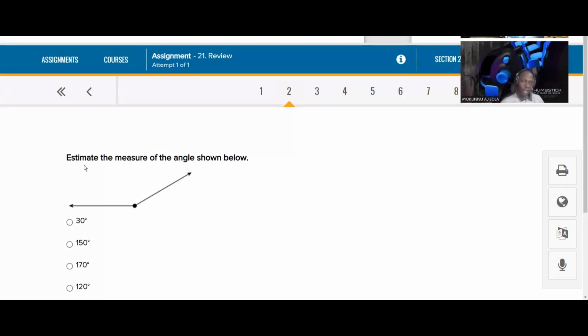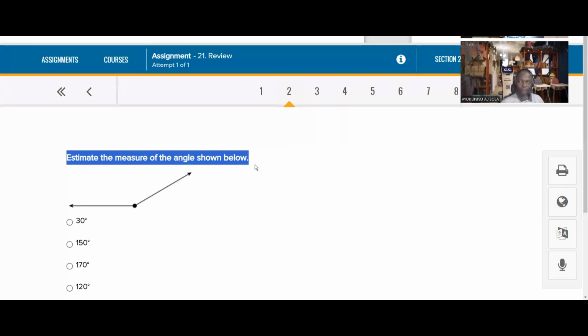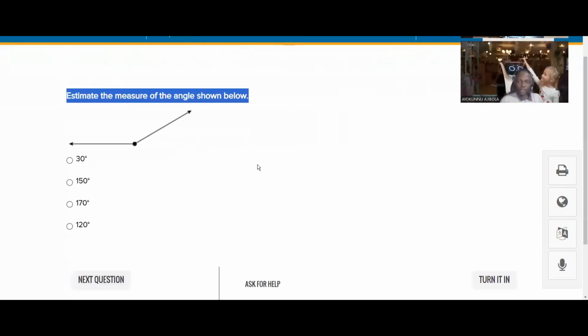Estimate the measure of this angle. Miggy, pick your option. Read the question and pick your option. I'm waiting. The measure of the angle shown below.